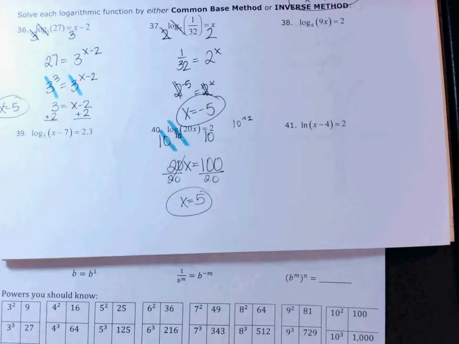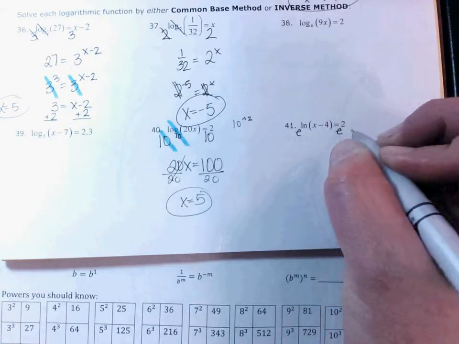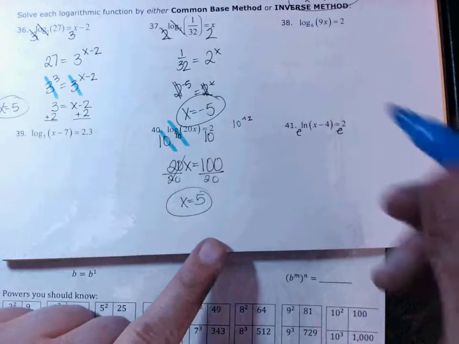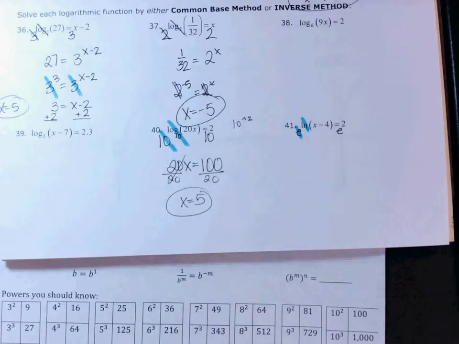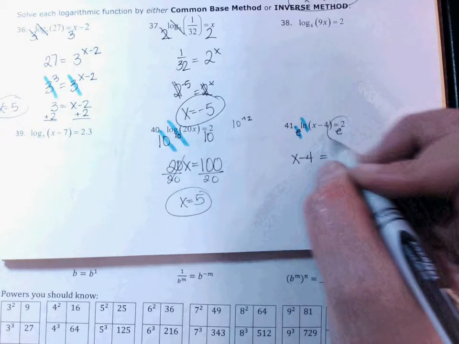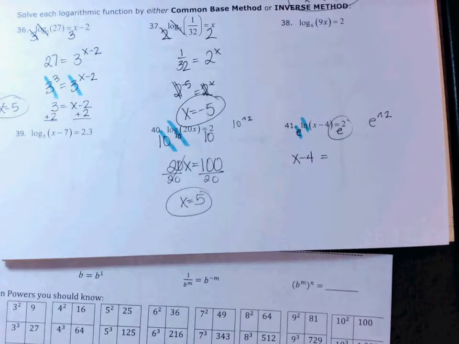Okay, look at 41. ln, how do you cancel out an ln? An e. Okay, remember that ln and e are always partners with each other. So if I need to cancel out an ln, I'm going to e both sides. Those are gone. My x minus 4 comes down. And then in the calculator, I'm going to type in e up to the 2. Remember that e is on the divided by key.